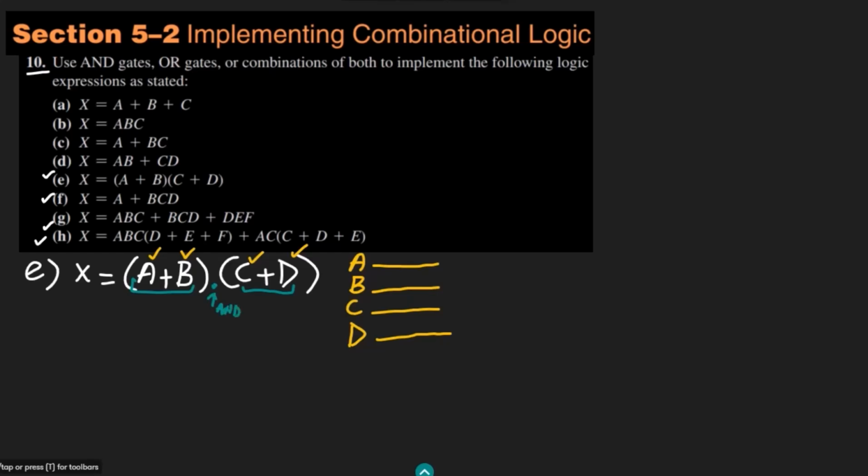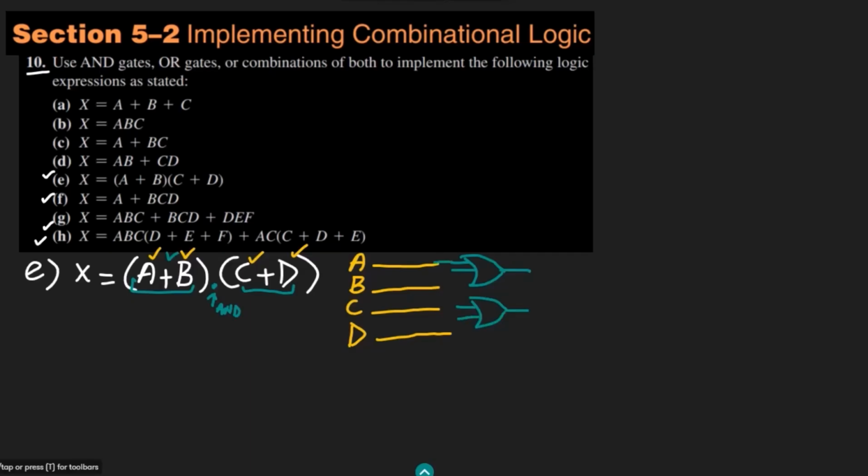So therefore we have two OR circuits in which A and B are added, and then C, D are added, and at the end these are combined by using this AND gate. Okay, so let me first draw two OR gates. This is the first OR gate with 2 inputs and this is the second OR gate with 2 inputs as well.